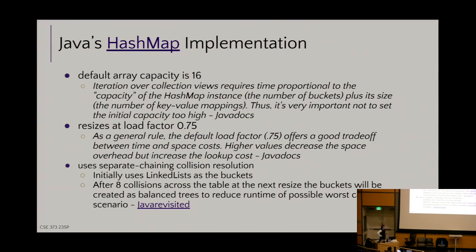But after specifically 8 collisions, the table will resize and transform all of its buckets from linked lists to something called an AVL tree, which is what we're going to learn about on Monday. So instead of using linked lists, it uses a whole different structure for the collisions that it's going to hold. So it always uses a sort of separate chaining, but it first starts with a set of linked lists. If you get too many collisions, then it transforms to a more efficient data structure.